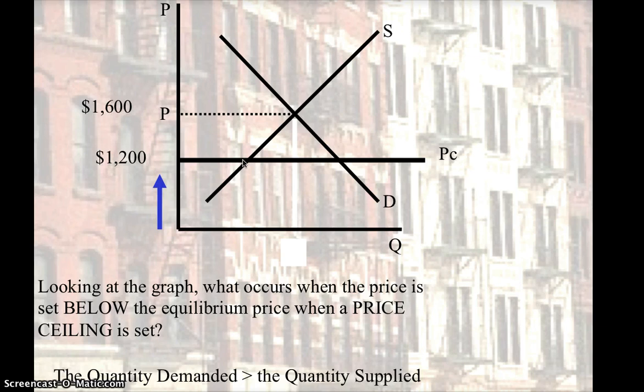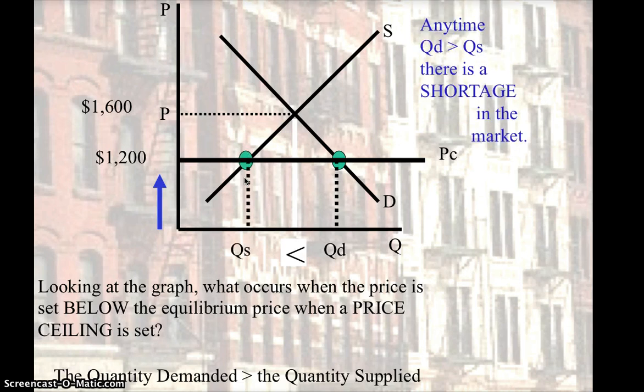Who doesn't want an apartment in New York City for $1,200? There's going to be demand out the door of the apartment building trying to sign up for those $1,200 apartments. But the number of landlords that are willing to actually sell their apartments for $1,200 is very limited. So quantity demanded is much bigger than quantity supplied.